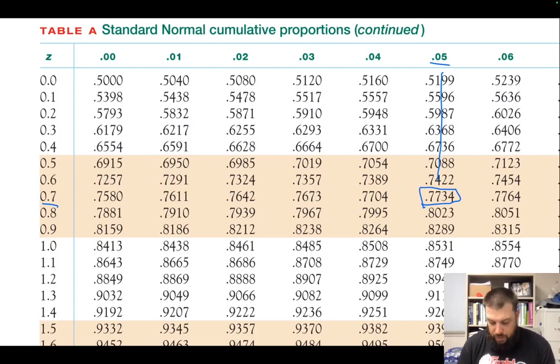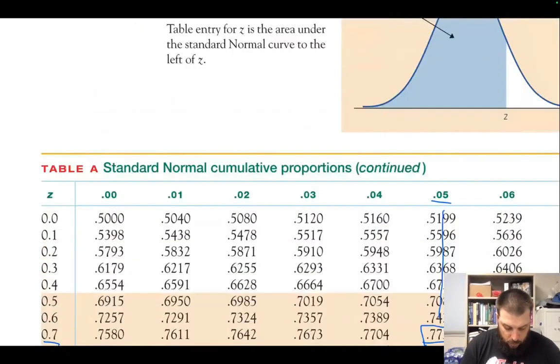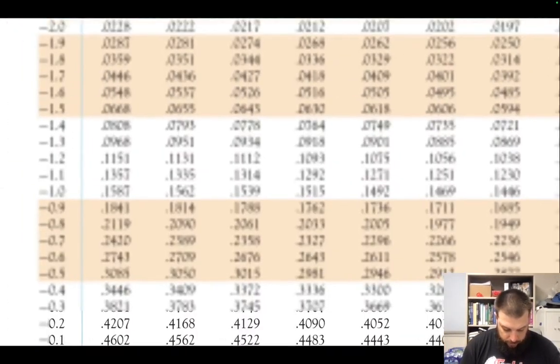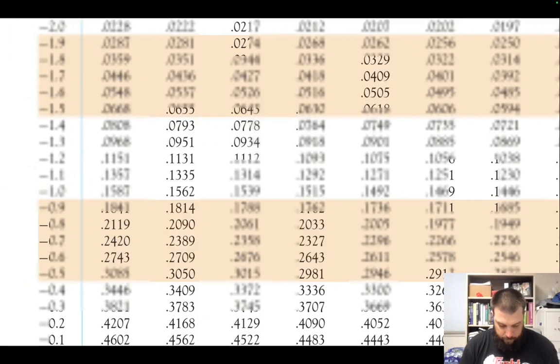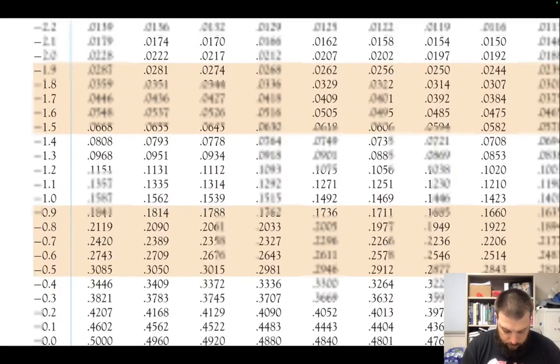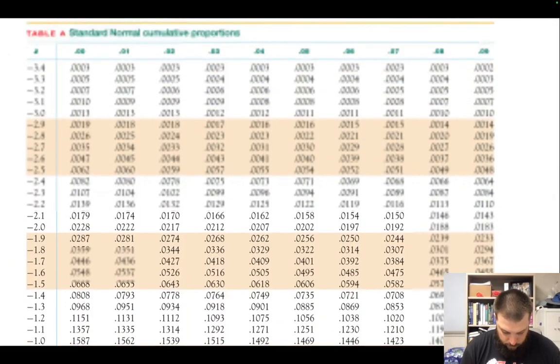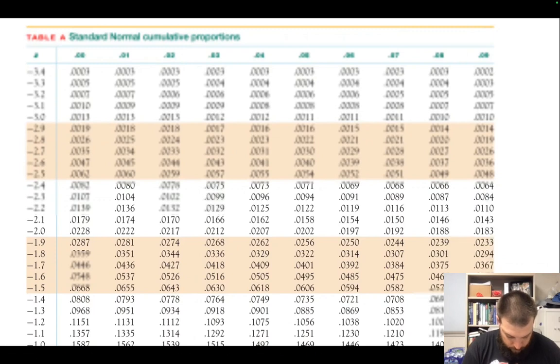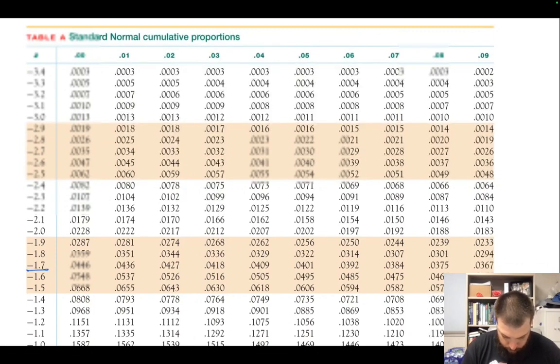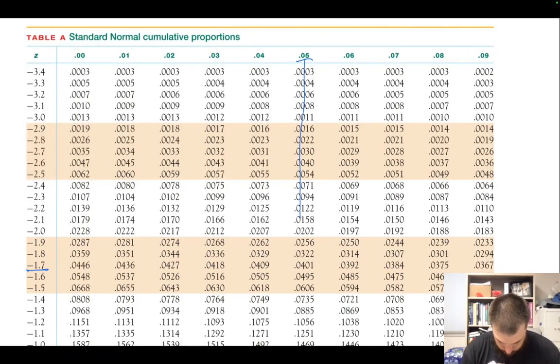So we got 0.7734. And then we had negative 1.75. So 0.0401.